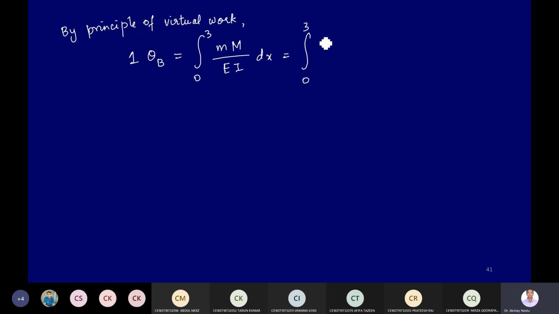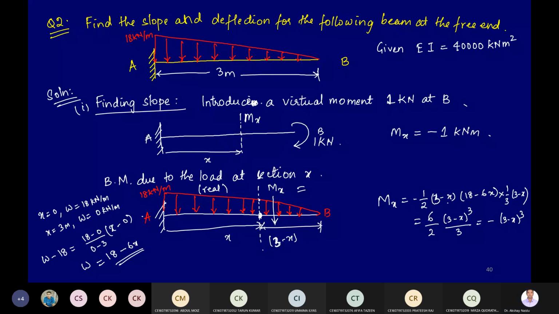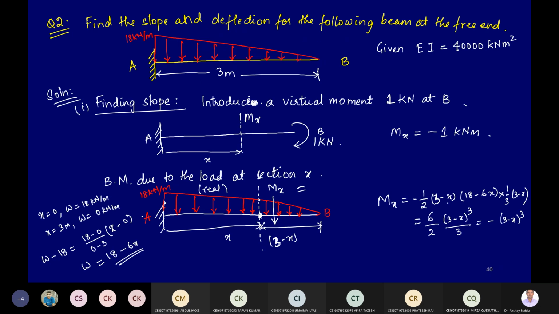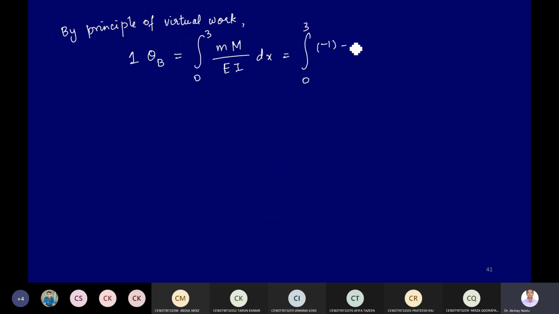Small m is minus 1. Capital M is minus of (3 minus x) the whole cube.